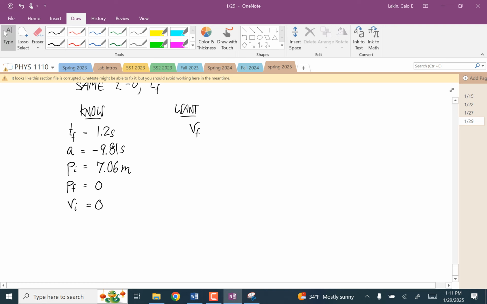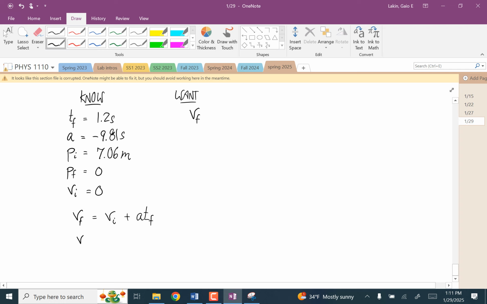There are two equations we can use for this one. We know a lot of information, that's why we have more options. One of them is this one, and so really that's the end of the story. If you can use this one, use it. But I want to show you what happens with the other one too after I'm done with this.